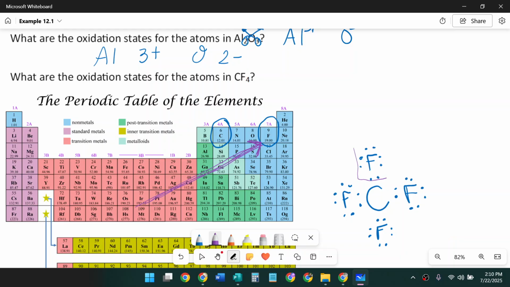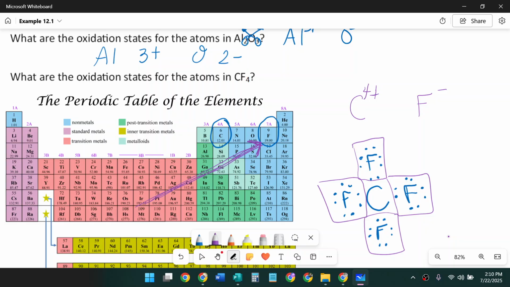So it's like this becomes all fluorine and this becomes all fluorine, and the carbon just ends up short 4 electrons. So the carbon ends up with a 4+ charge because it ends up short electrons, and each of the fluorines individually ends up with a minus charge, and there are 4 of them, so their charges get spread out.